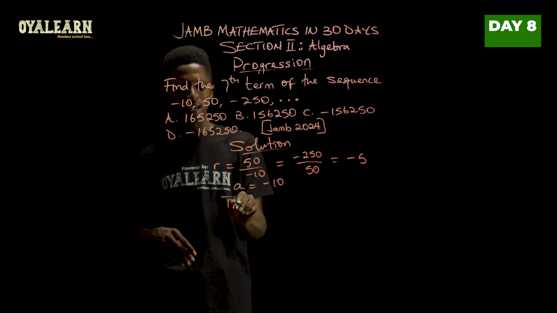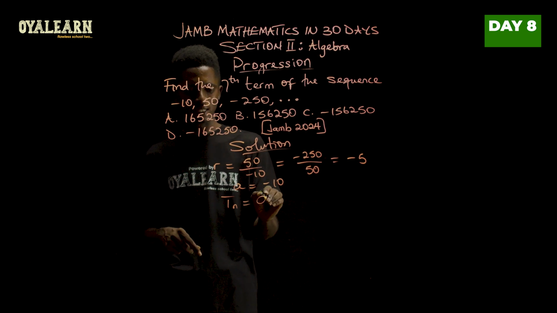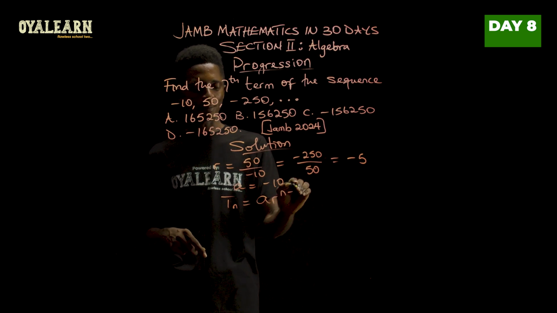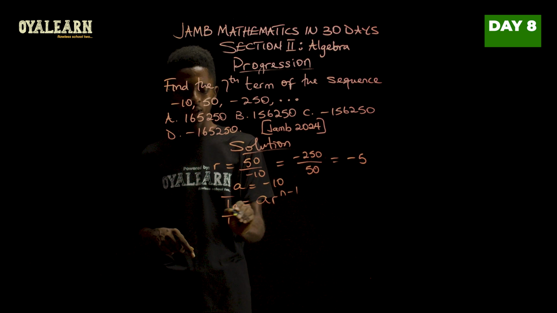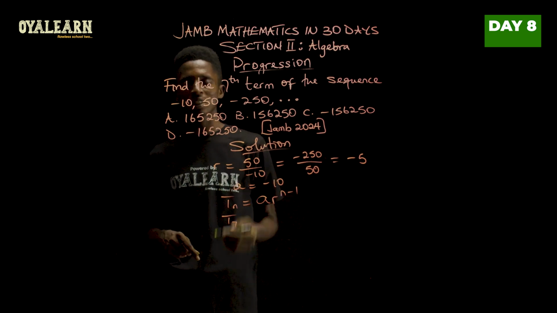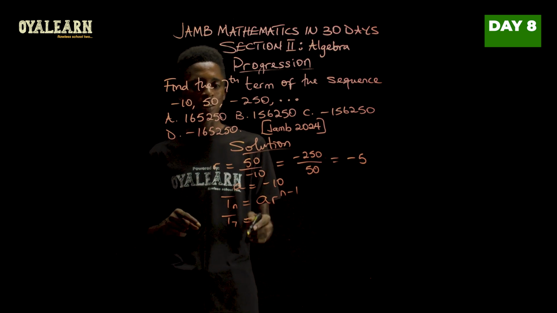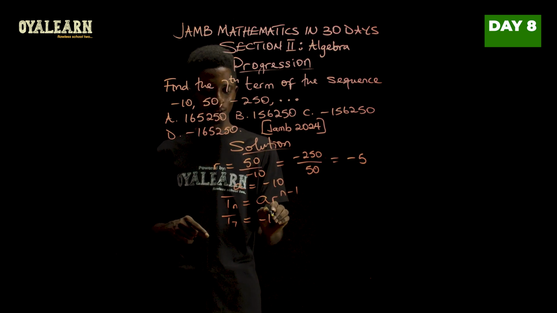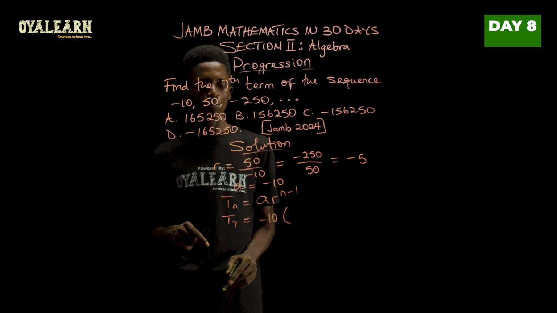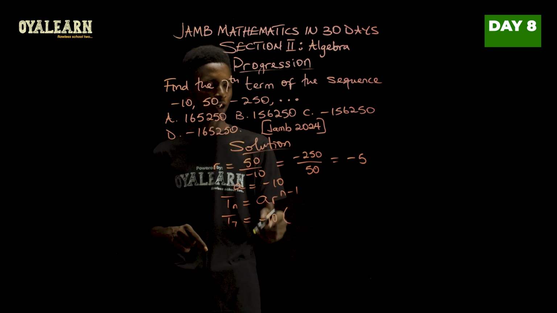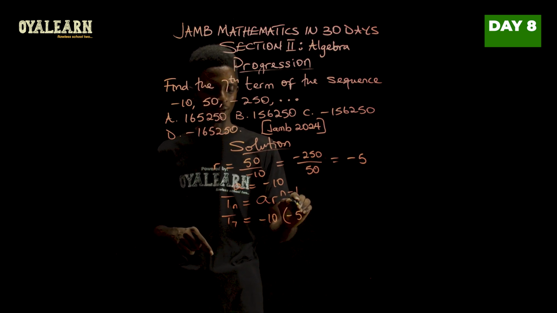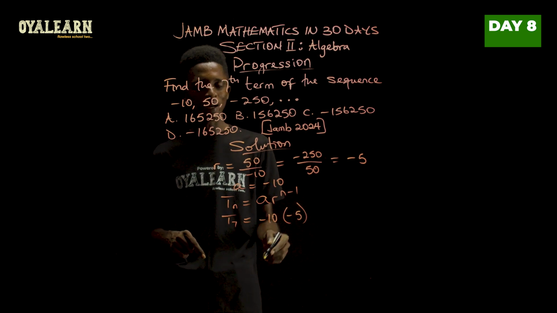And the nth term of a GP is given as a r power of n minus 1. Therefore, T7, which is the seventh term in this case, would be a, which is negative 10, into bracket, the common ratio, negative 5, power of n minus 1.